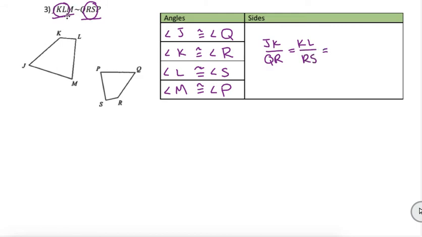And move it again. LM goes with SP. And the last one we always wrap back around. MJ to PQ.